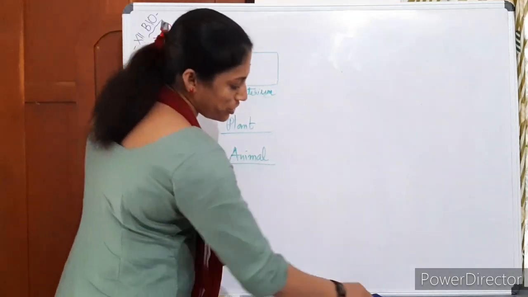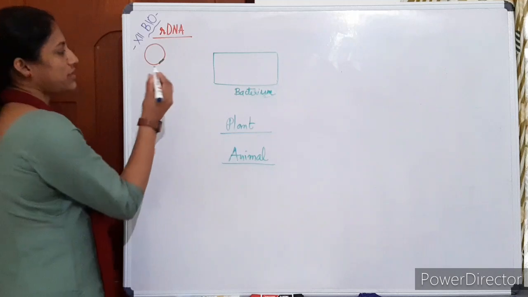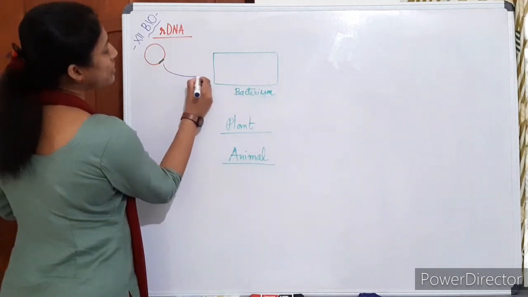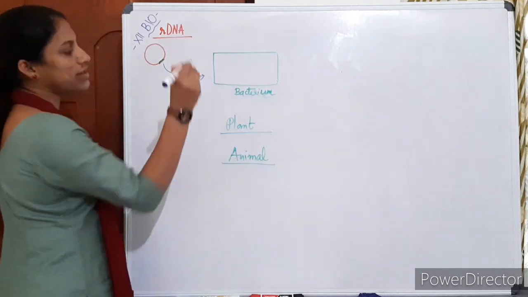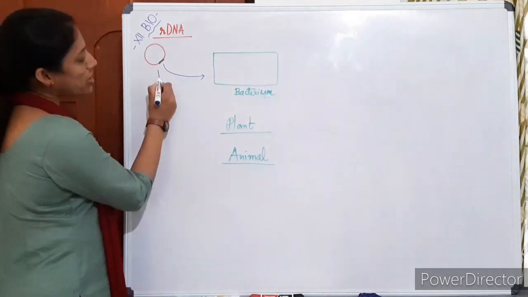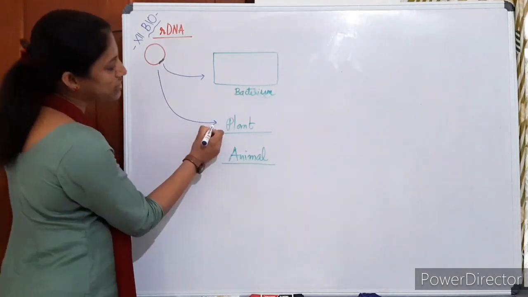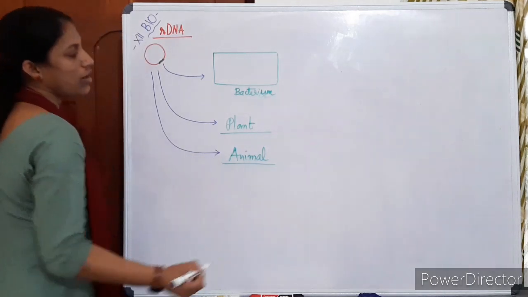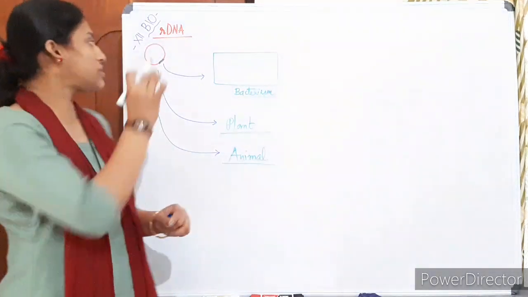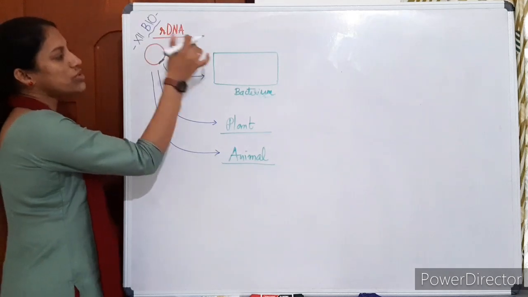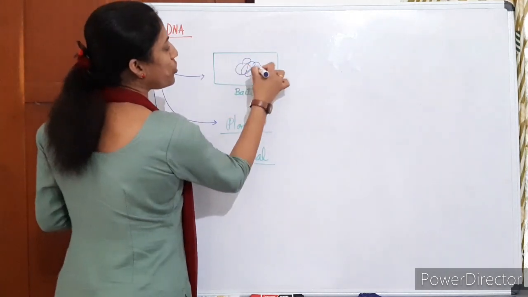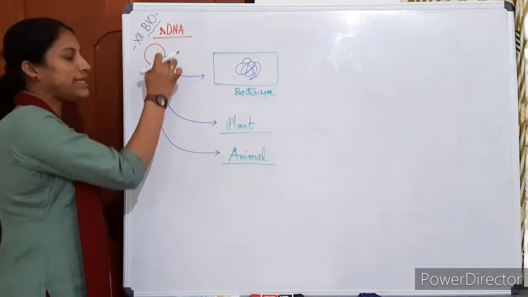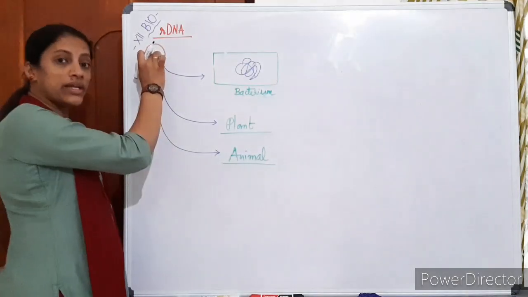We are moving to the techniques to deliver this to the bacterial cell, the plant cell, or the animal cell. What are the methods? This is the rDNA. DNA is hydrophilic in nature.